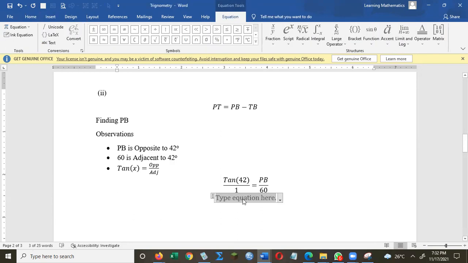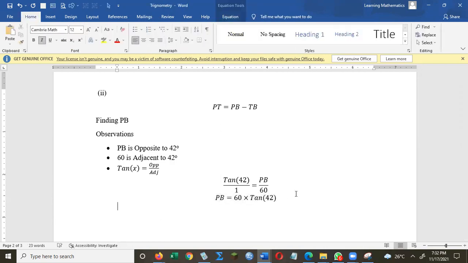So PB times 1 is PB is equal to 60 times tan of 42. You look up what is tan of 42 in your calculator and you multiply it by 60. How much?